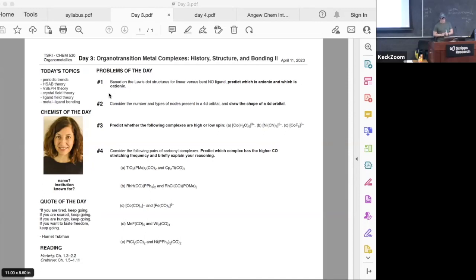Which of those is going to better engage in pi back bonding? I would guess the iron only because it's got more electrons. Okay, the iron, and will that lead to a higher or lower CO stretching frequency? Lead to more double bond character, which would be lower. Okay, so the answer is left, because it's asking about which has higher CO stretching. Oh, of course, yeah. That's what I always get mixed up. I kind of do it in all directions every time.